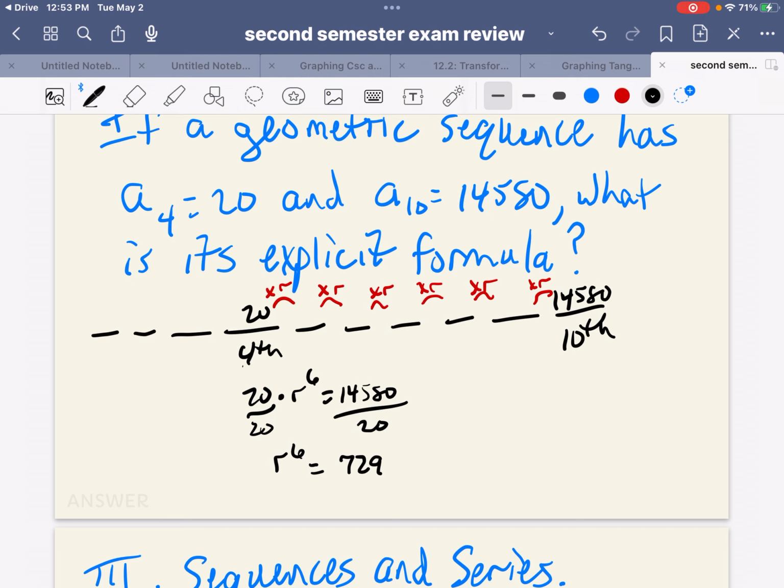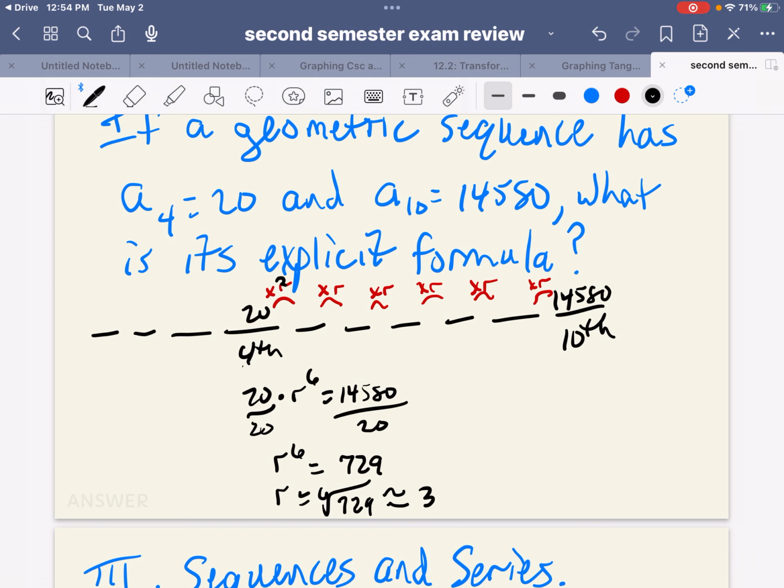Now, if r to the sixth is equal to 729, then r is equal to the sixth root of 729. And with my calculator, I can find the sixth root of 729 is 3. So I have found that r is 3.